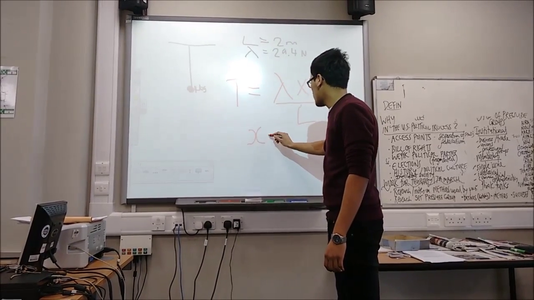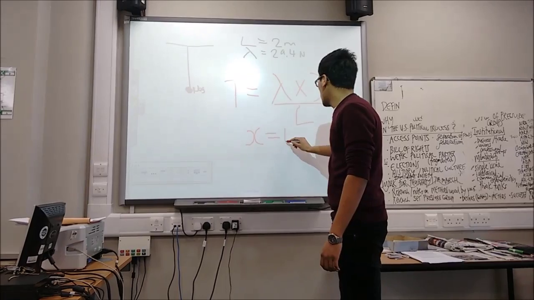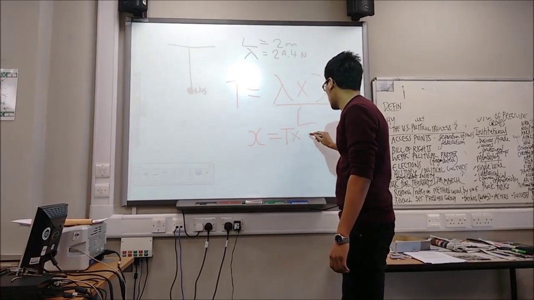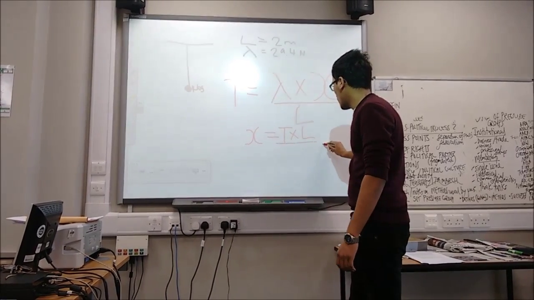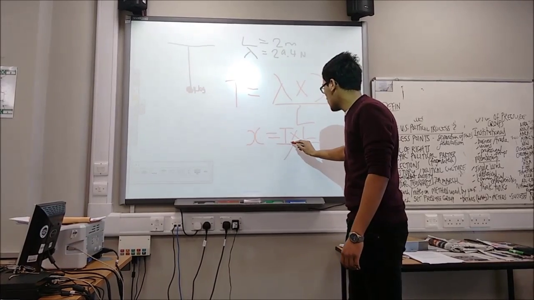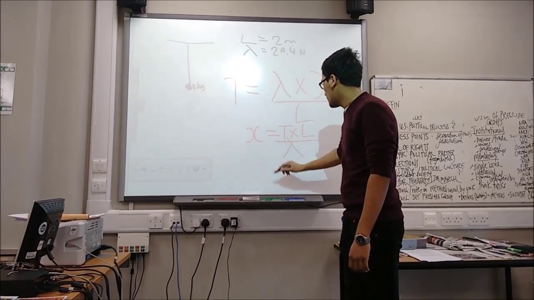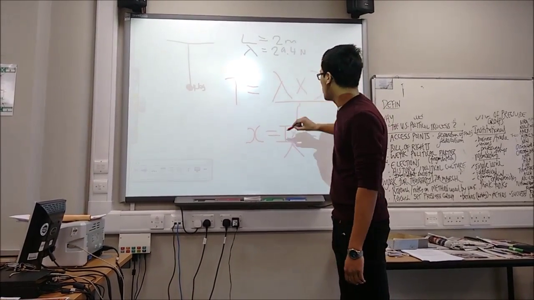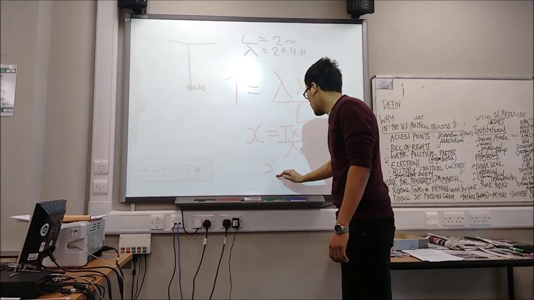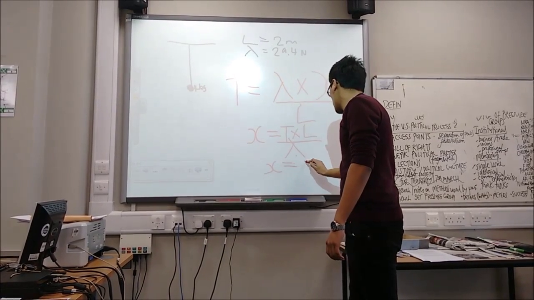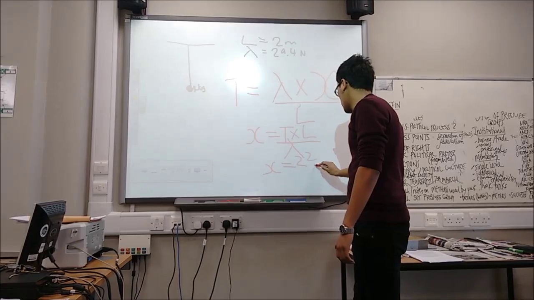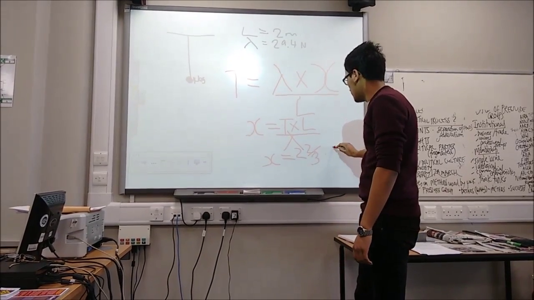So extension is equal to tension times the original length divided by the modulus of elasticity. So if we input the numbers, we should get extension as 2 2/3 meters.